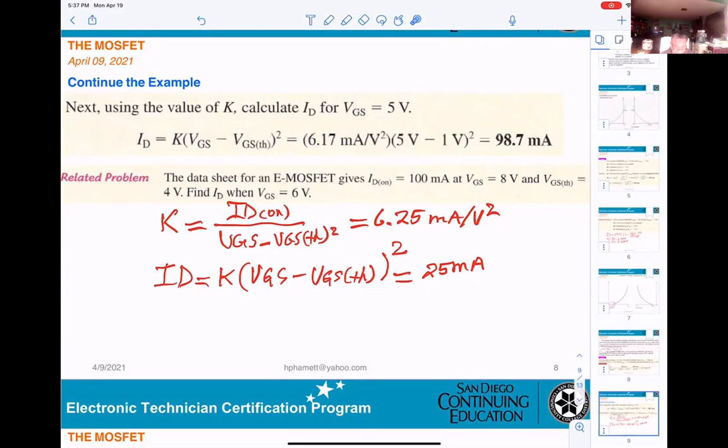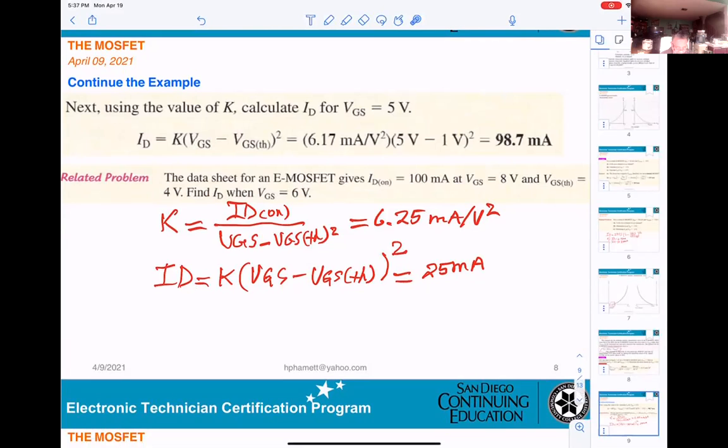We also give you a related problem. They say a MOSFET has ID(on) of 100 milliamp at VGS 8 volt and VGS(th) equal 4 volt. They want to find ID when VGS equals 6 volt.